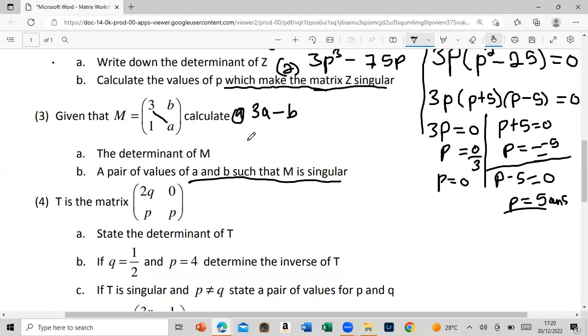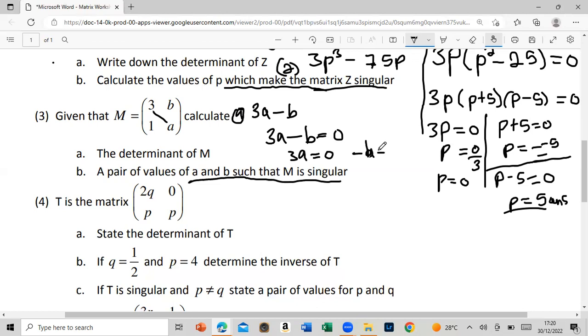All right, basically we could just say, I think 0 would be an option. 3A minus B equals 0. So we can say 3A equals 0, and, oh, this should be minus B, guys.